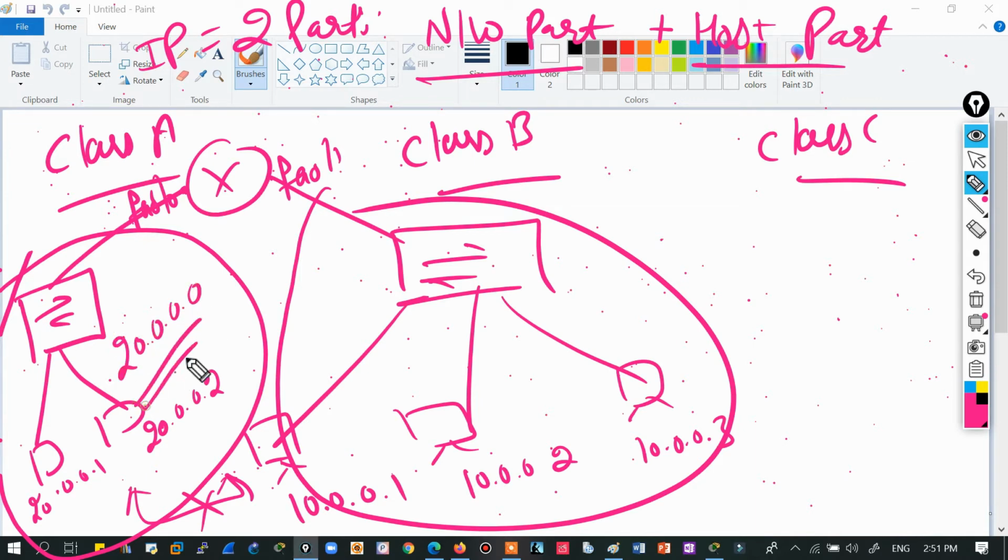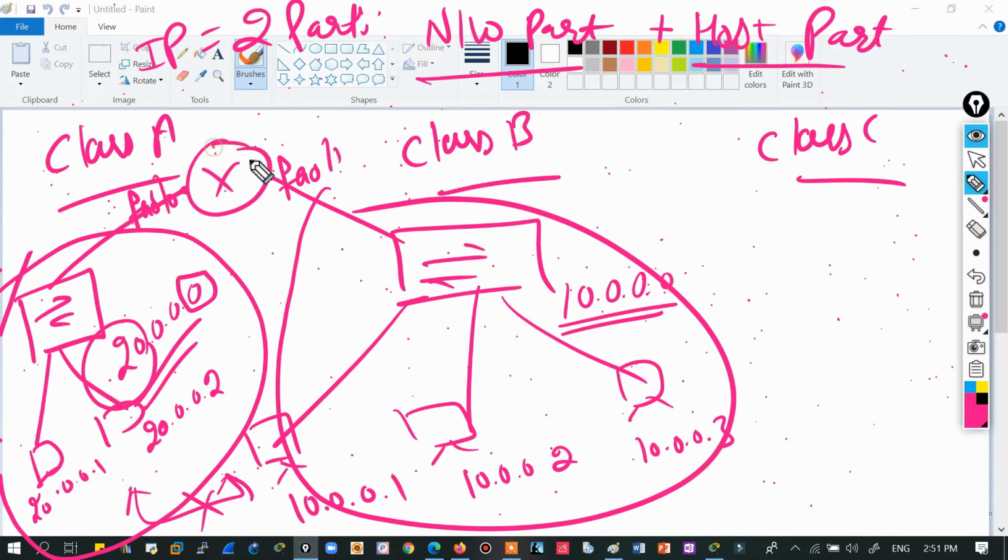So this is the 20.0.0.0 network. What I want to tell you is that 10.0.0.0 or 20.0.0.0, the very first IP of any network, cannot be used as an IP address. Why?